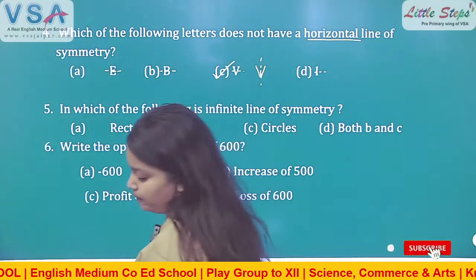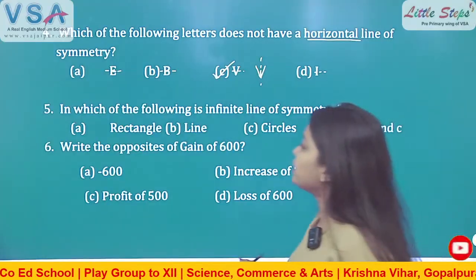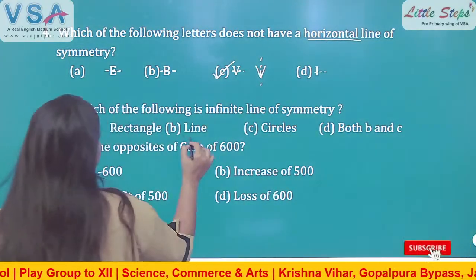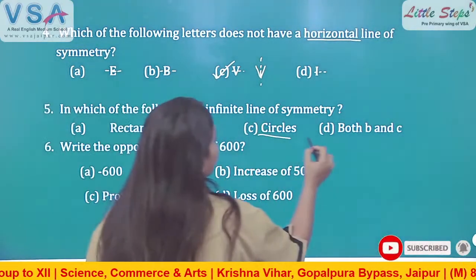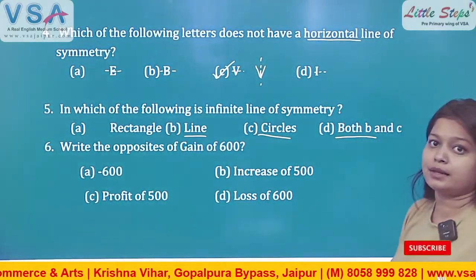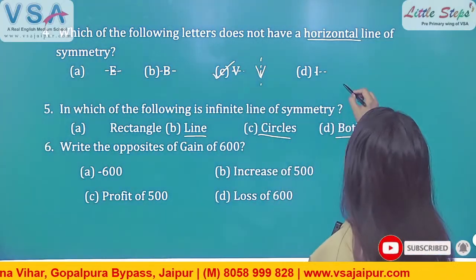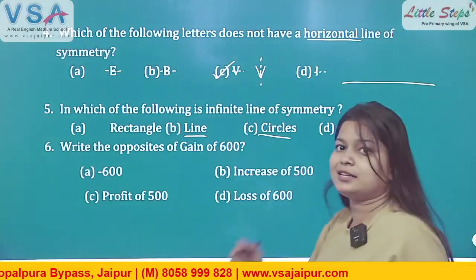Fifth MCQ. In which of the following is there an infinite line of symmetry? In which shape do we have infinite lines of symmetry? Option A, rectangle. Option B, line. Option C, circle. And option D, both B and C. As you all know, a line is unlimited. We cannot call it a line segment. A line can be drawn to endless points.